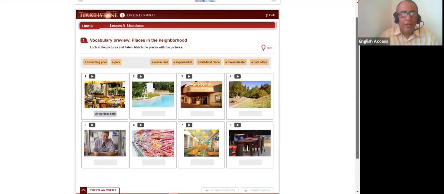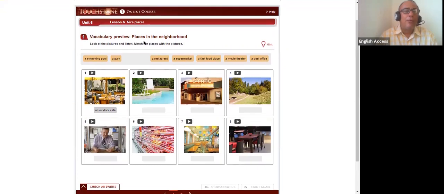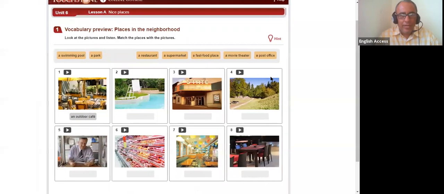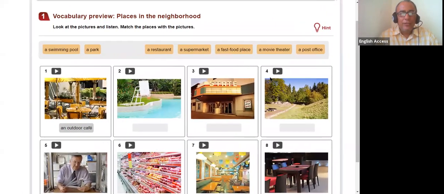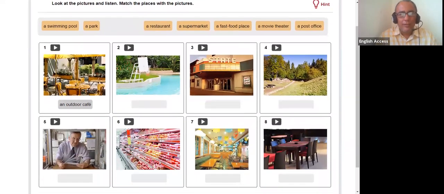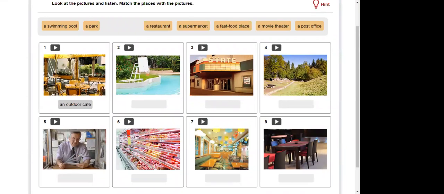Now, here it says a vocabulary preview, places in the neighborhood. Let's see, we have many places. Do you like to go to a Starbucks, guys? Do you ever go to Starbucks? Fatima? Yes. Francisco? Yes. Do you like Starbucks?